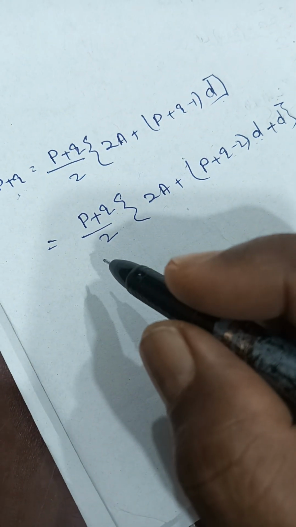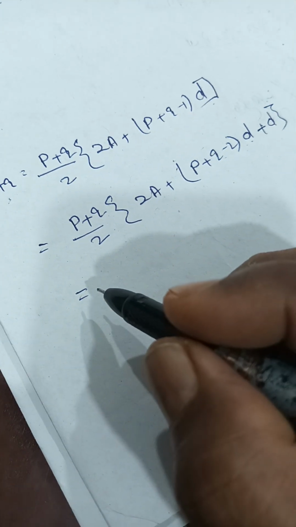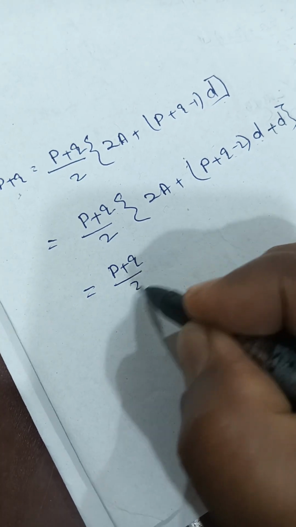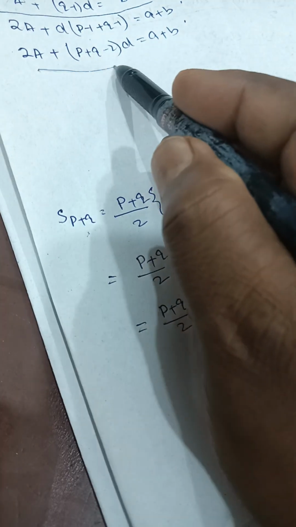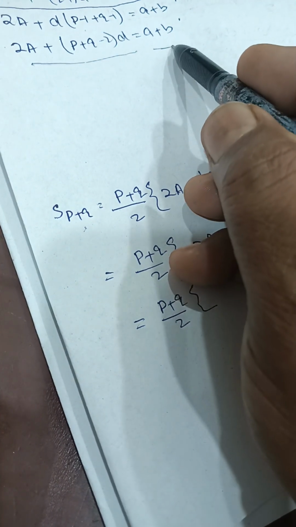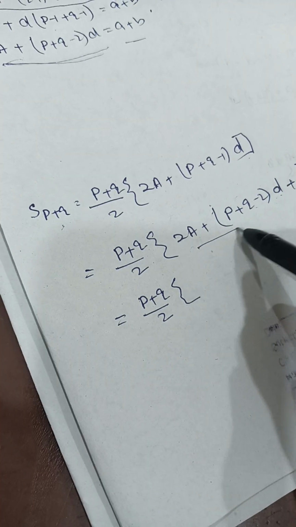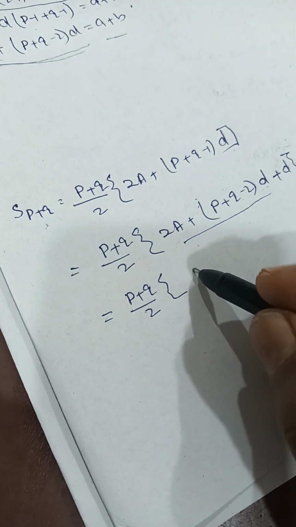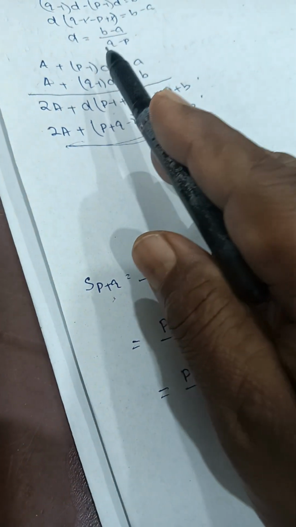Now you do one thing. It can be written as (p plus q) by 2, which remains the same. Here, 2A plus (p plus q minus 2) into d, what is given? a plus b. So in place of this you write a plus b plus d, and we have calculated the value of d as (b minus a) by (q minus p).